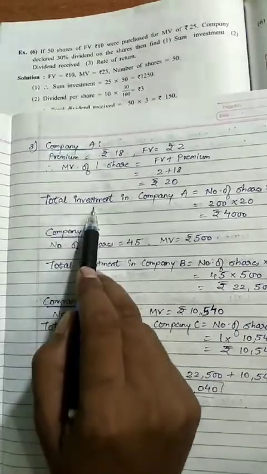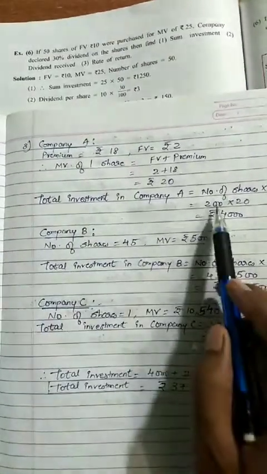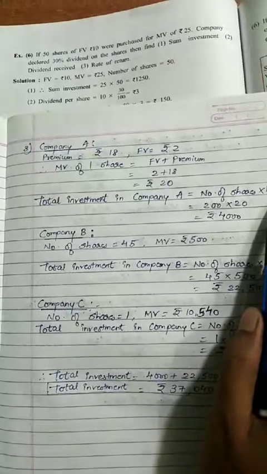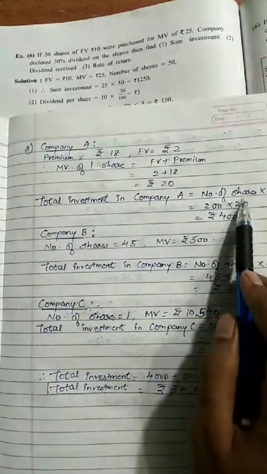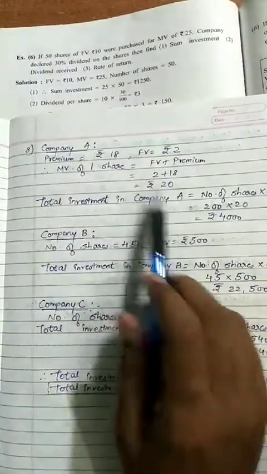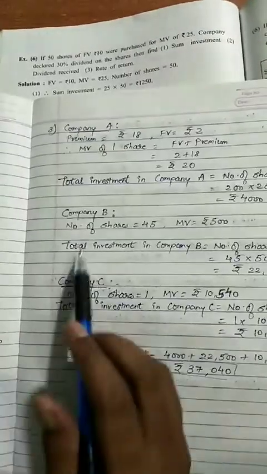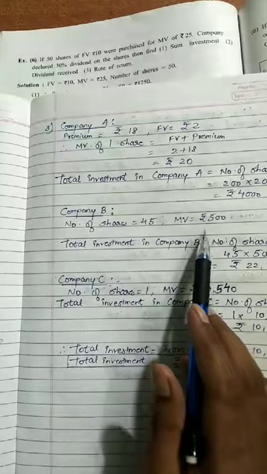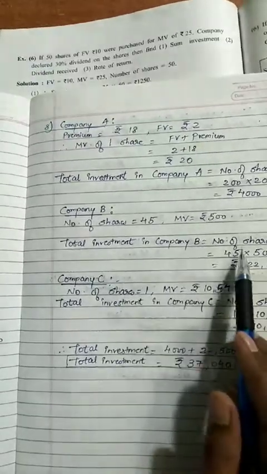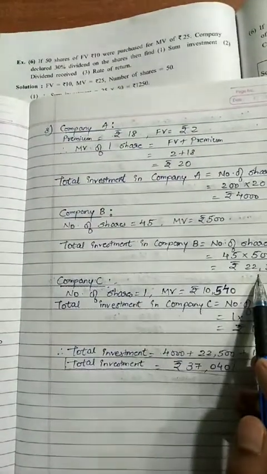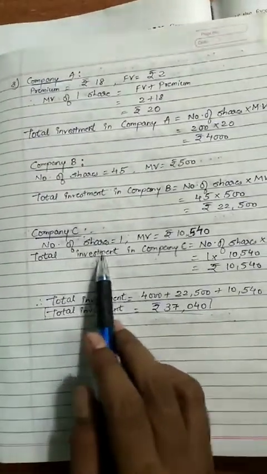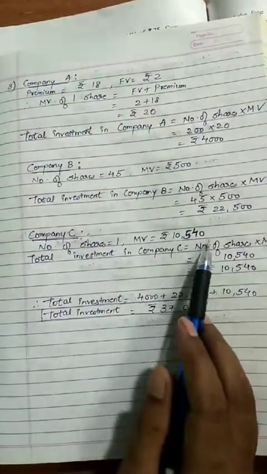So total investment in company A is number of shares into market value. So number of shares is 200 and market value is 20, so 4000. Same way in company B, number of shares is 45, market value is 500. So we'll multiply this, we'll get 22,500. Same way in company C, number of shares is 1, market value is 10,540.